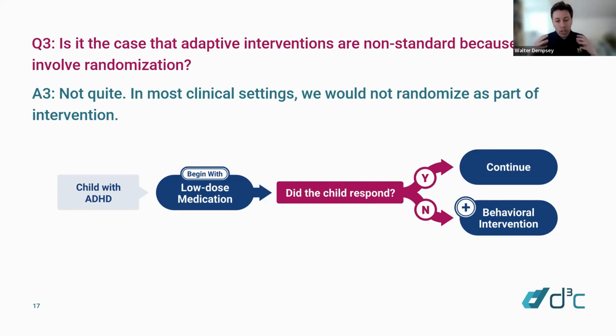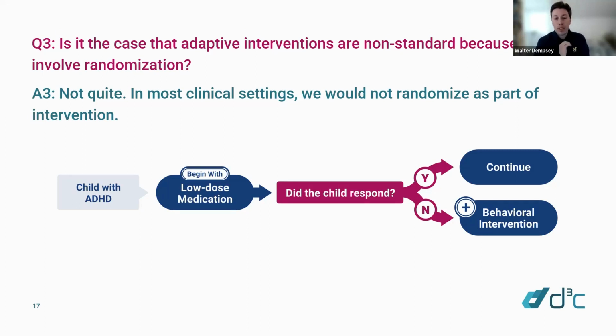In the case of building an AI, in most clinical settings, you're not going to randomize as part of the intervention. So when we're thinking about an optimized adaptive intervention, it's typically going to be a deterministic rule that's built. And the reason being, in most clinical settings, we're not going to think it feasible to build in the randomization that we might have in the SMART trial. So we'll talk about that down the line.